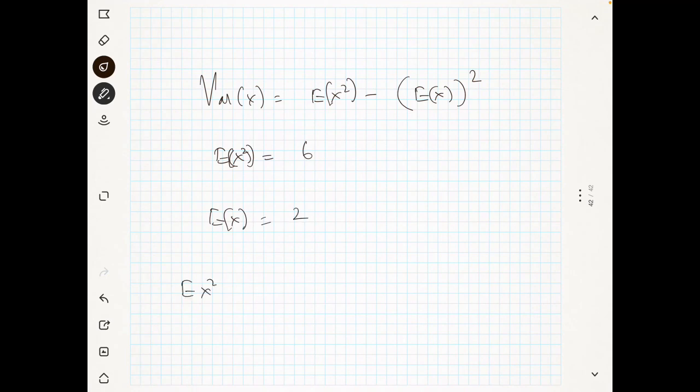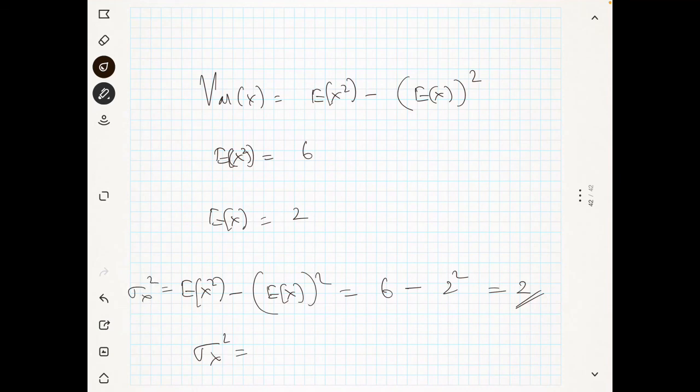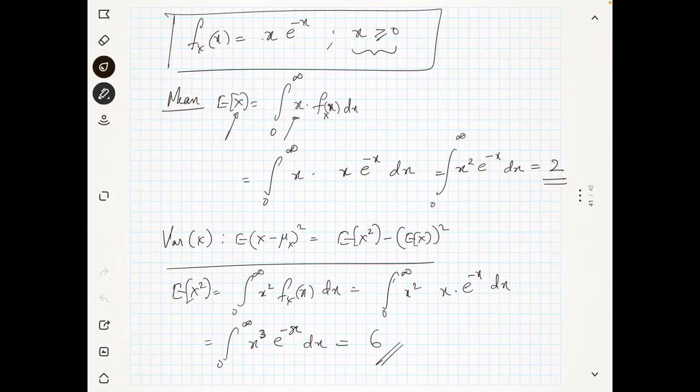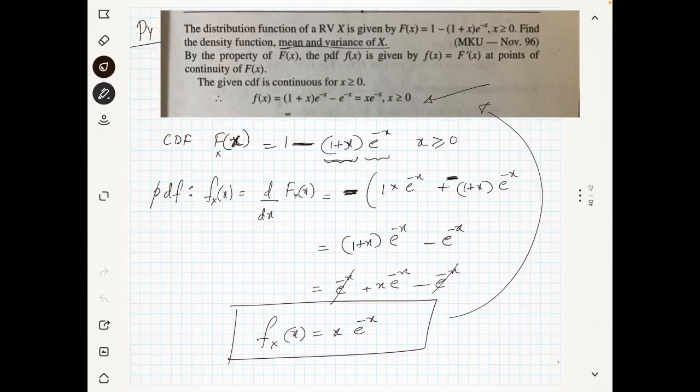So it is 6 minus 2 square. Okay, so this is nothing but 2. So the variance sigma x square is equal to 2. Okay, so that is the answer for this problem. So you got it. This is a simple problem, so you can expect these kinds of problems for the exams also.